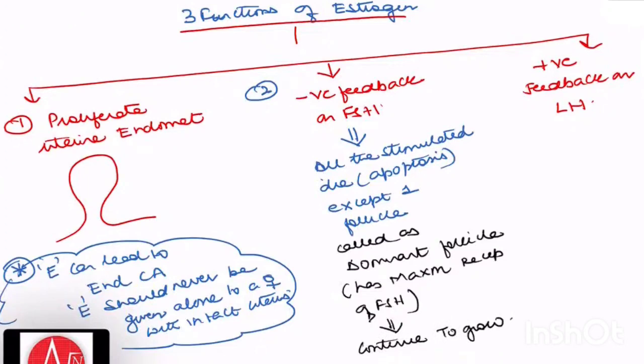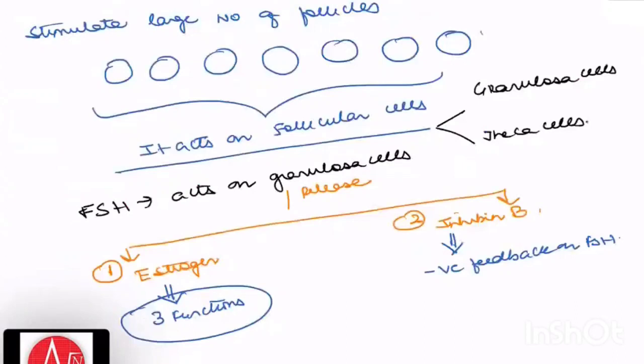Right? Now, what is going to happen is, okay, so I am repeating. What was happening was, under the effect of FSH, a large number of follicles were stimulated. अब estrogen ने क्या किया?